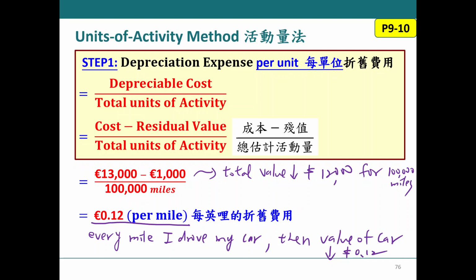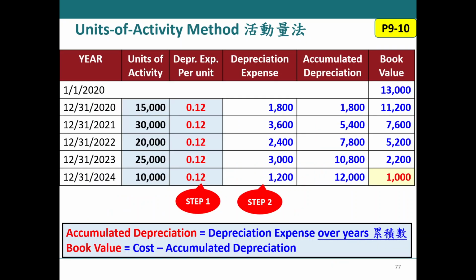Any questions? So after I got depreciation expense per unit, right now, step 2, we can get the number for each year. Here we will give you numbers, because these numbers are only based on the company situation or our expectation.